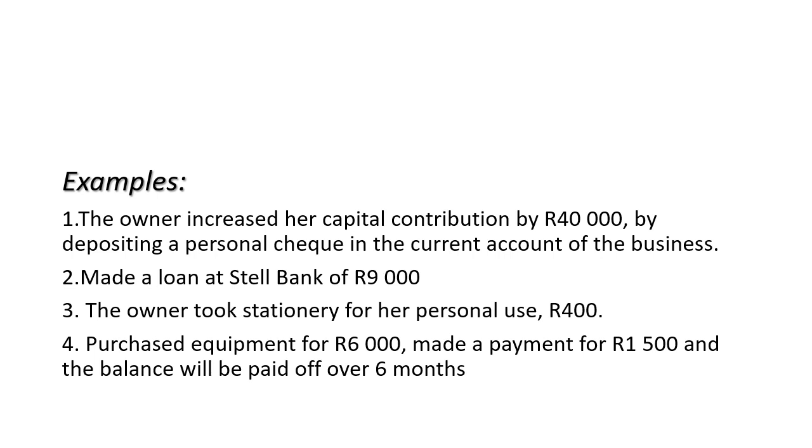Number 3, the owner took stationery for her personal use of 400 Rand. The two accounts involved here are stationery and the drawings. Stationery is an asset, so the stationery has decreased and the assets will have a minus 400 and we credit stationery because it is decreasing.